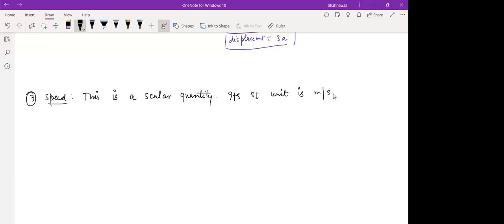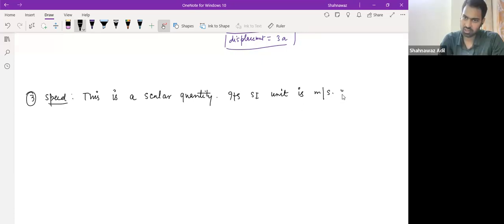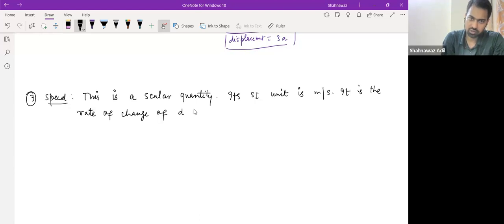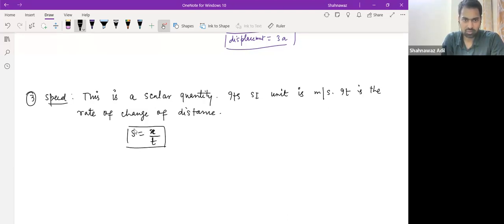And the definition is that it is the rate of change of distance. So speed is x by t, rate of change of distance by time. Okay, is that clear?